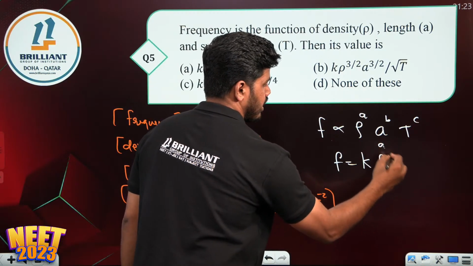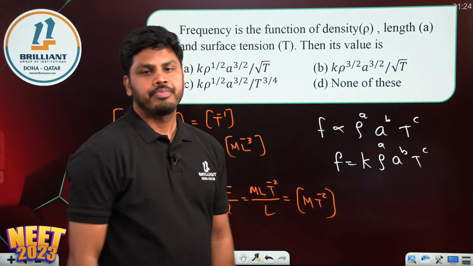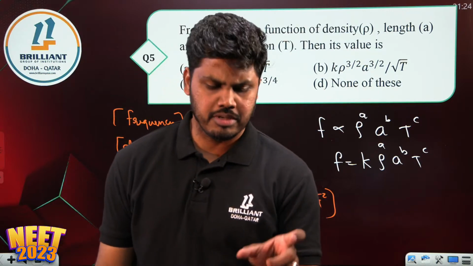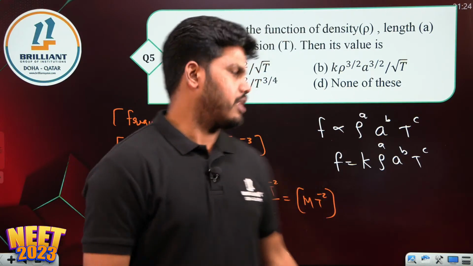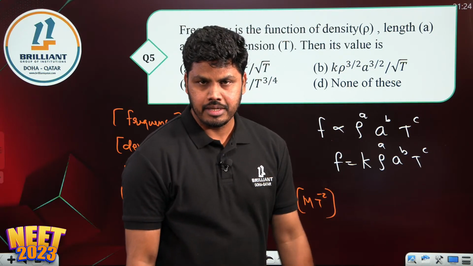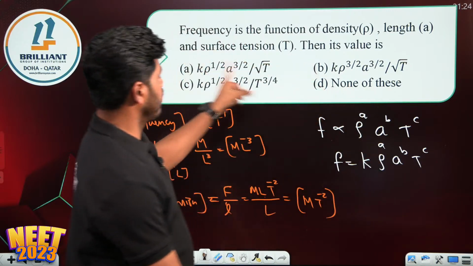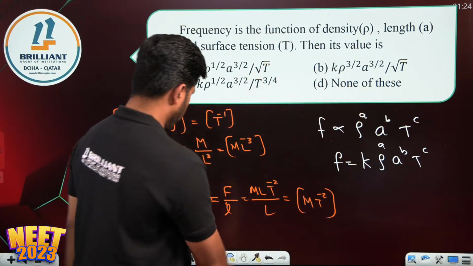So F equals K, density raised to A, length raised to B and surface tension raised to C. Now we know what to do. We will substitute the dimensions of each and every term and we will equate the powers. Finally we get the expression for frequency, and that will be one of the options here. Okay, so we'll quickly go for that.